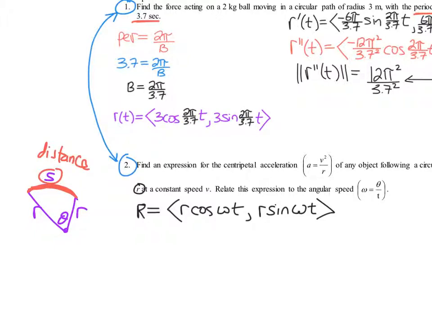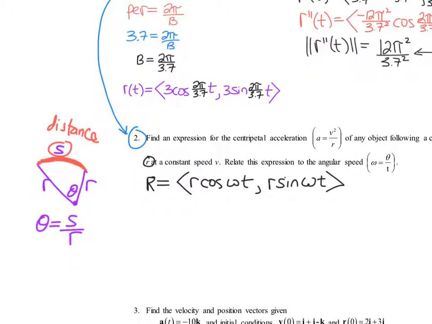All right. And so we'll get into the calculus aspects of it in a second, but we come up with, you can say theta equals S over R. The other variations, of course, are R equals S over theta, or S equals R theta. So those are some possibilities.